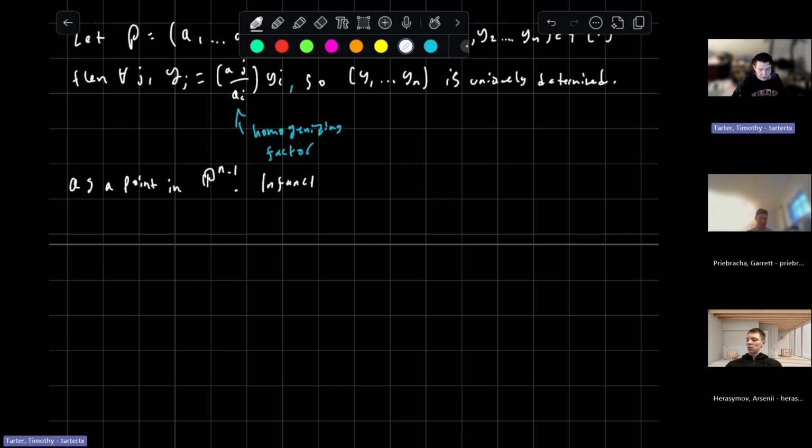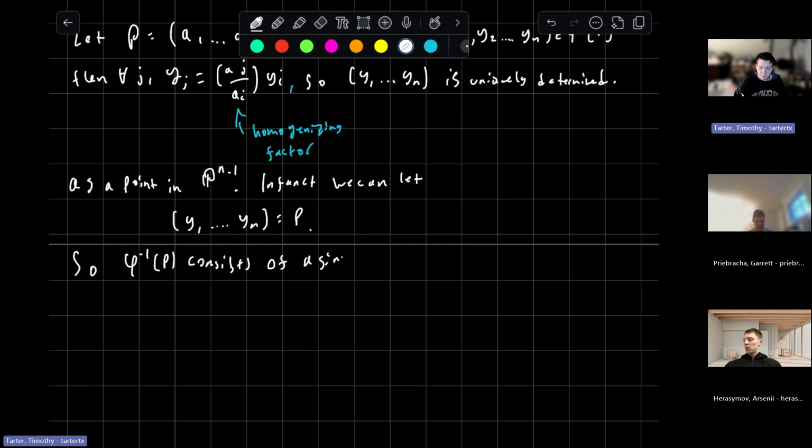In fact, we can let y1 through yn exactly equal p. So phi inverse of p consists of a single point.